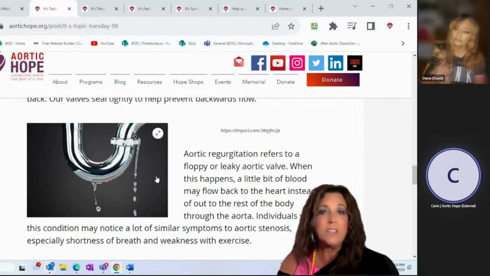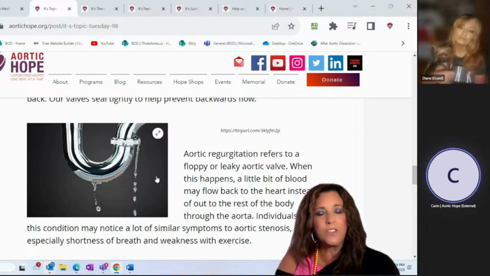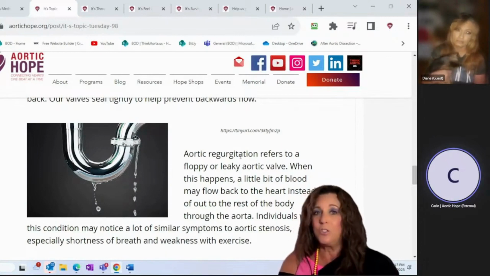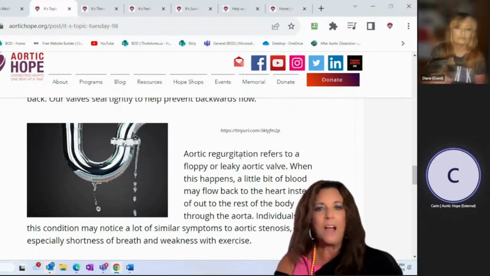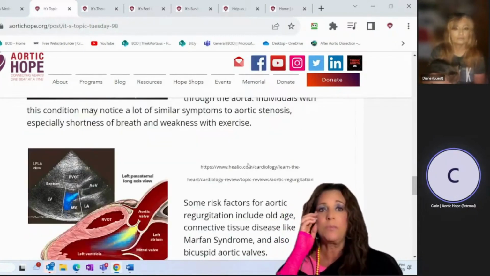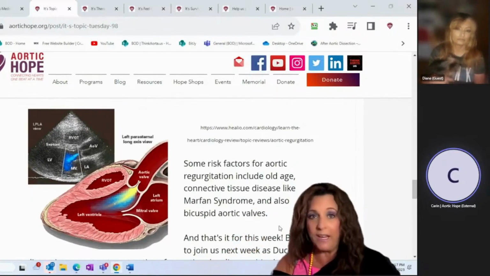And individuals with this condition may notice a lot of similar conditions to that of stenosis. So you could be short of breath, you could have weakness when you exercise, which is why I was mentioning, don't just assume if you have shortness of breath, you have stenosis or deposits or hardening. You could have regurgitation as well, or leaking. Some risk factors for aortic regurgitation include old age.